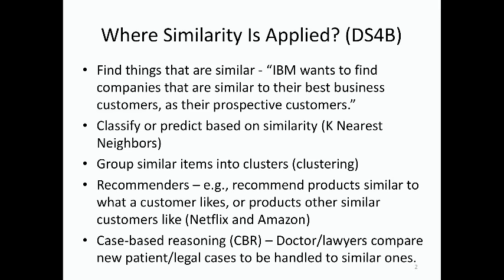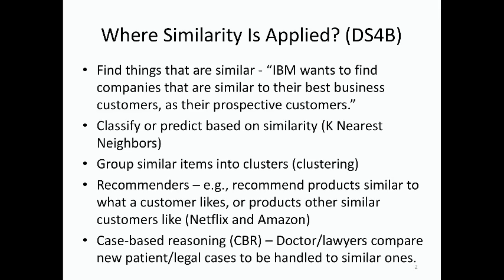And what probably has made similarity and K-nearest neighbors most famous is the popularity of recommenders that tend to recommend movies or products that are similar to what a customer already likes, or products that other customers similar to this one may like, or products other similar customers like.